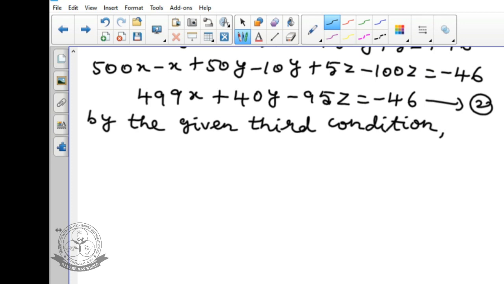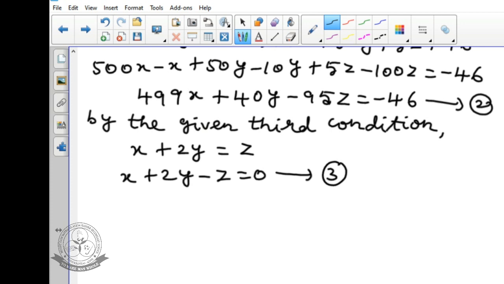The unit digit here is z. So we get the equation x plus 2 times y equals z. You have to write it like this: x plus 2y minus z equals 0. That is equation number 3.